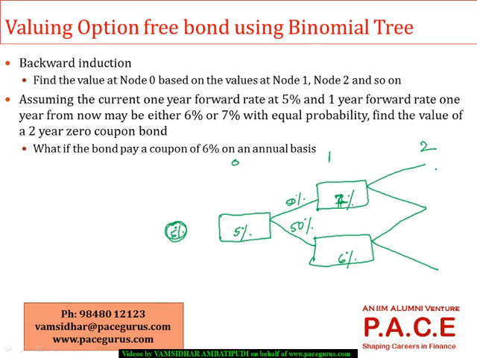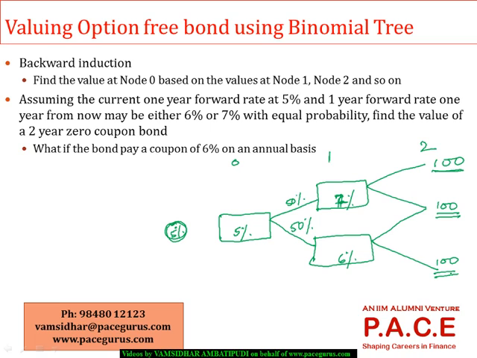Because it is maturing and it is a zero coupon bond, it will pay me a cash flow of 100, which is known. These cash flows are known. Whatever may be the path of the interest rate, I know that 100 is the cash flow that I would be getting at the end of year 2.